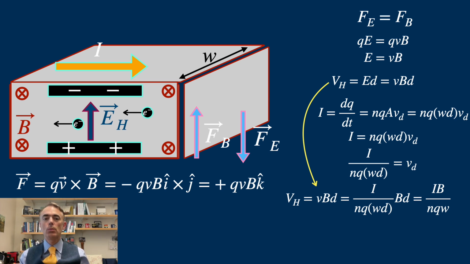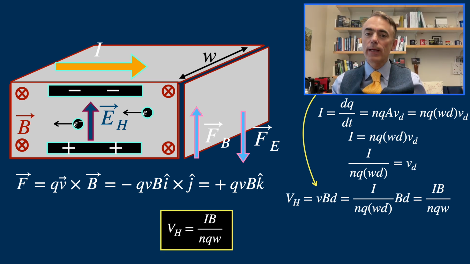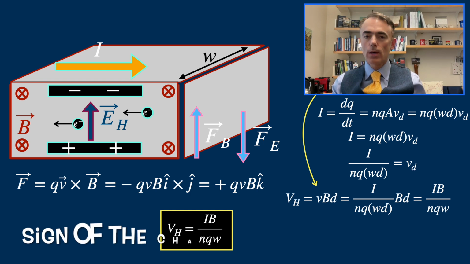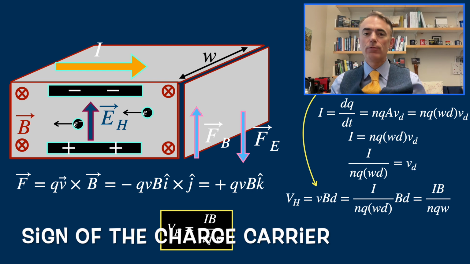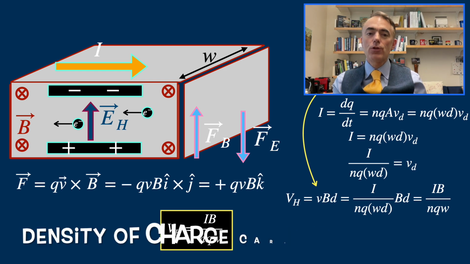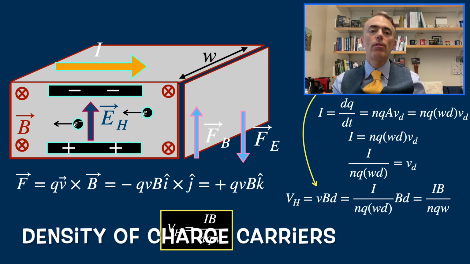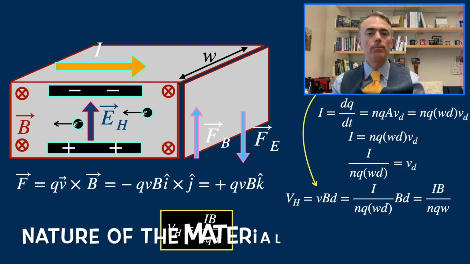For electrons, this would be the electron charge, and W is the thickness, the width of the conductor, in the direction of the magnetic force. This Hall voltage can give us a lot of valuable information, such as the type of charge carrier, if it's positive or negative, the density of charge carriers, and even the nature of the material, like whether it's a metal or a semiconductor.